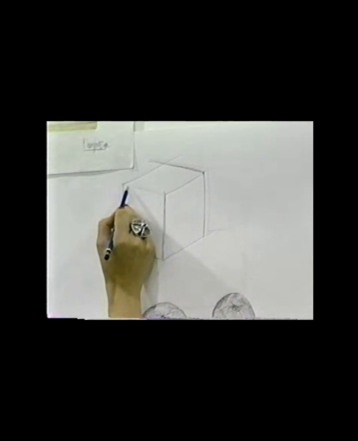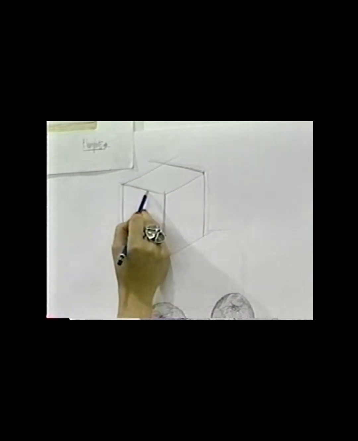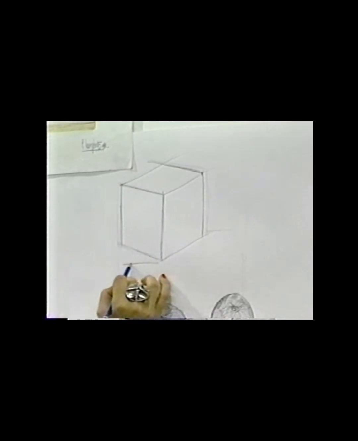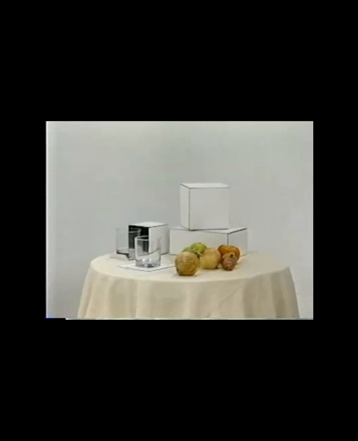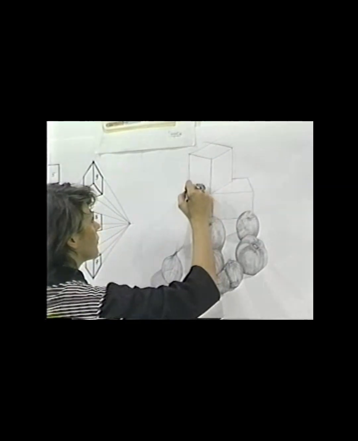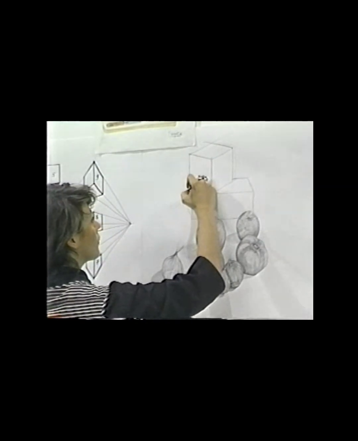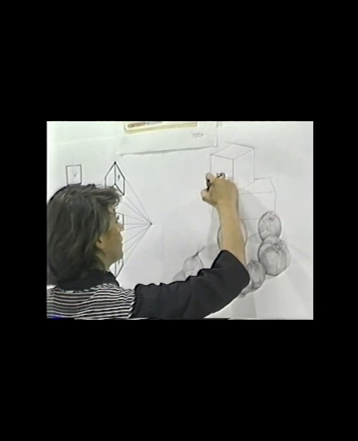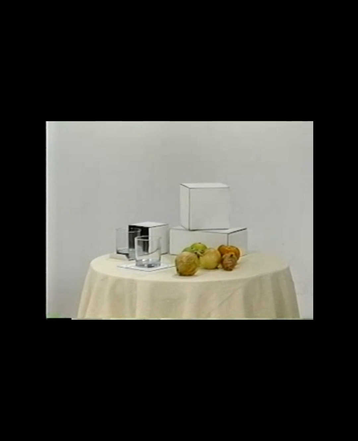It is good to make light lines, because you cannot always be right the first time. And then our big box. Converging, right? And we can make the side that we see a little bit darker, to give it volume.